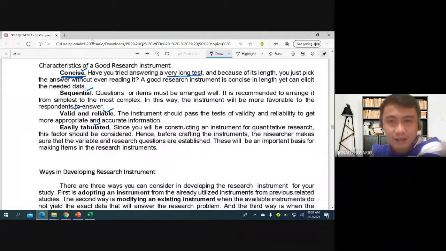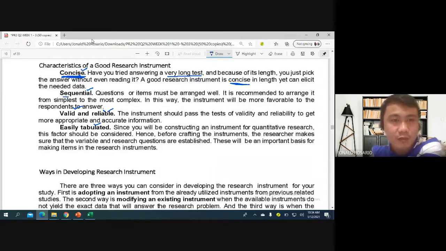Kailangan concise or brief. At the same time, concise siya na nandun lahat yung mga kailangan mong data. Hindi naman pwede na maiksi nga, pero kulang-kulang naman yung mga items. So, hindi natin masasagutan yung ating mga research questions pag kulang-kulang. So, that's concise, the first one.